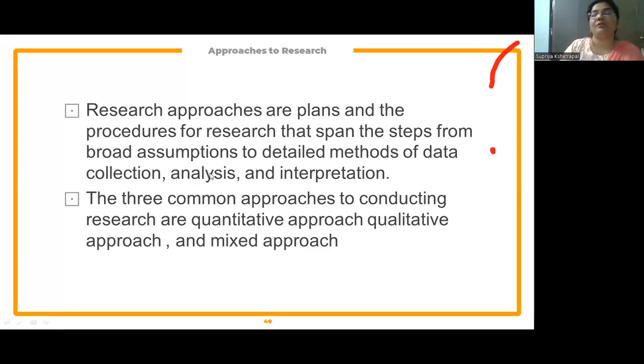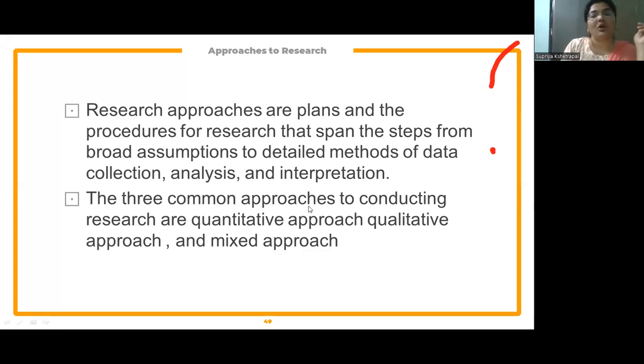So we are doing it from the generalized to the confined point. Okay. So that span the steps from the broad assumption to the detailed methods of data collection, analysis, and interpretation. So this is the approach.